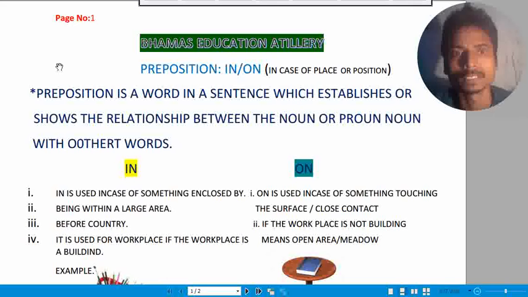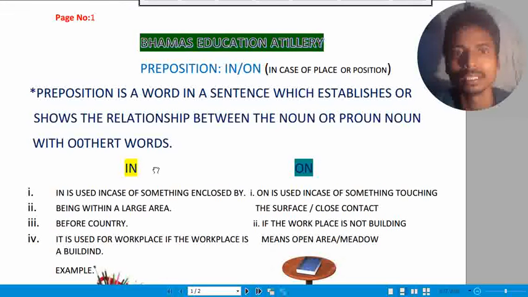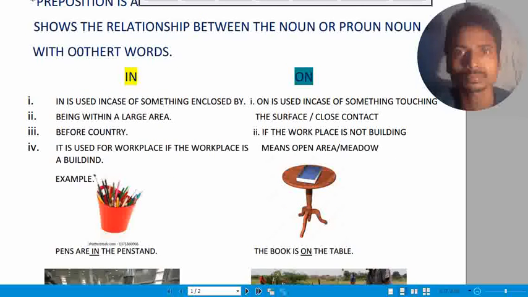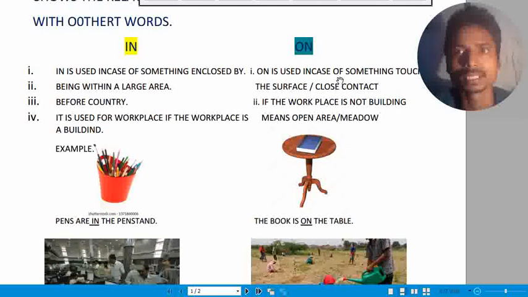Let's learn in and on. First of all, where we will use in, and where we will use on. The difference being said here, in is the first one.